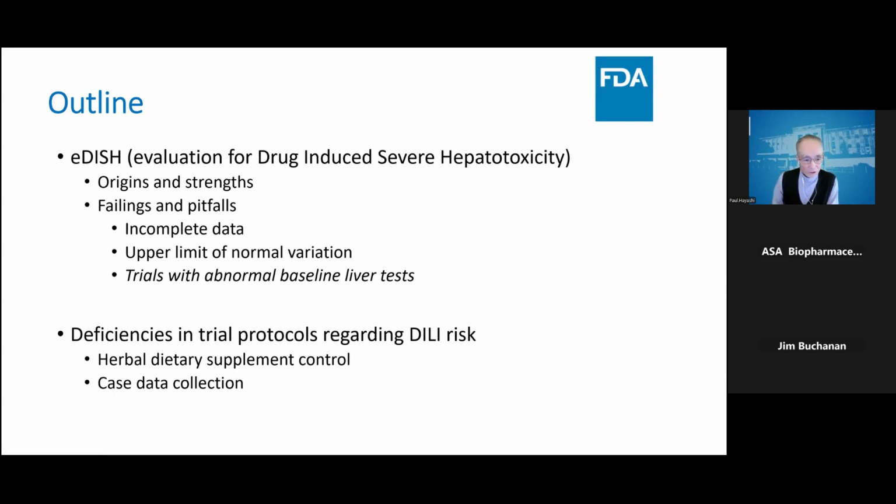As Jim mentioned, I'll be spending some time on some new tools in that space. I will also cover some broader deficiencies in trial protocols that we see fairly often, and I just wanted to bring them to your attention in terms of mitigating DILI risk in study protocols.